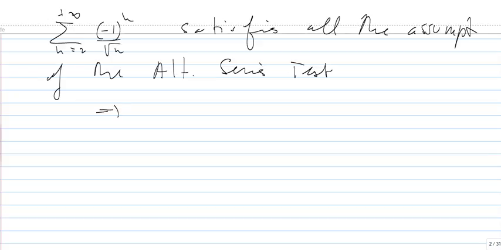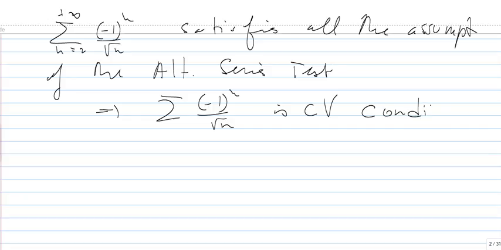Therefore, sigma of minus 1 to the n over square root of n is convergent, and we can even be precise and say that it is convergent conditionally, because the absolute value will give us 1 over square root of n, and that's divergent from the p-test, or the p-series. So this one is convergent.